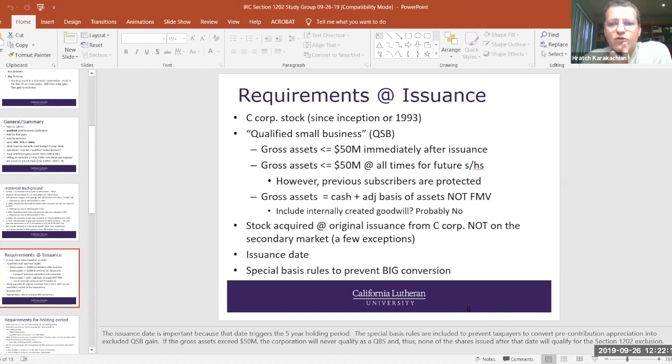It has to be a C Corp at all times. The other requirement is the qualified small business requirement, where the assets within the corporation have to be less than or equal to 50 million right after the issuance of the shares.